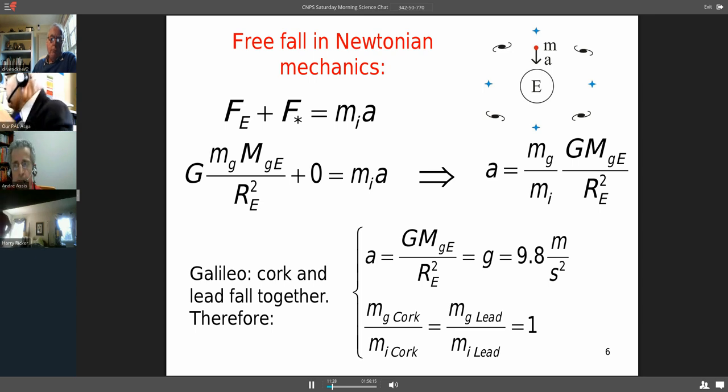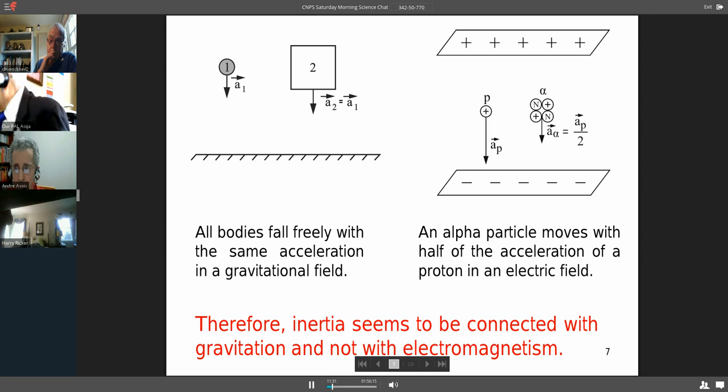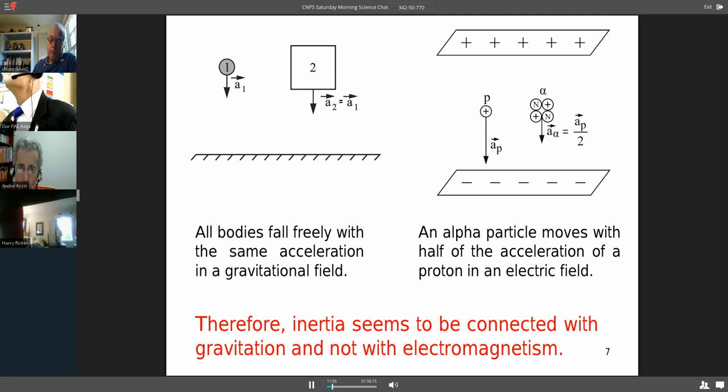To show that this is not trivial, I present in this slide 7, at the left, two bodies falling in the same gravitational field, 1 and 2. No matter their weights, shapes, or chemical constitutions, they fall with the same acceleration in the same gravitational field. At the right, we have a proton and an alpha particle being accelerated inside a capacitor. The electric field is the same for both, acting the same way on the proton and on the alpha.